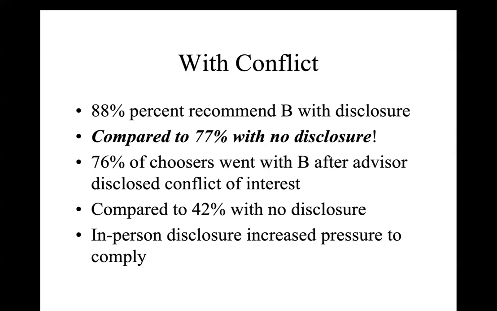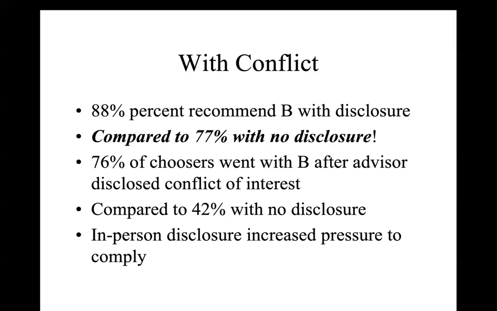Okay. Here's where it gets interesting, right? 76% of choosers went with B after disclosure, right? And so what we see here is what we call a pressure to comply. I'm in a relationship with an advisor. That relationship is either explicitly stated or implied to be based on trust.